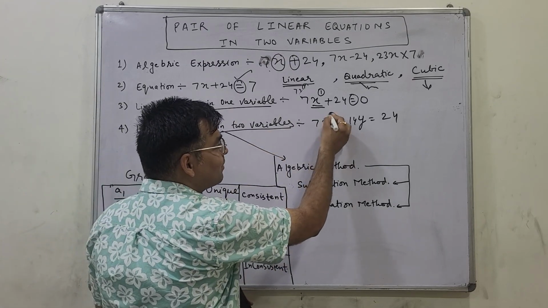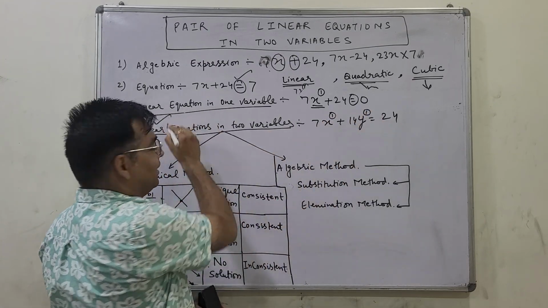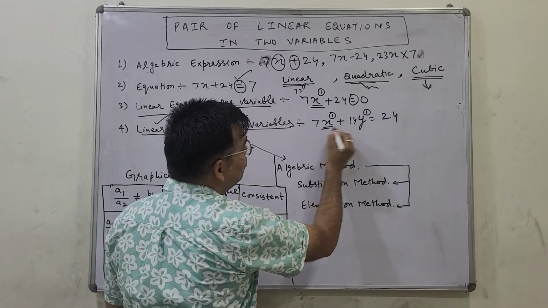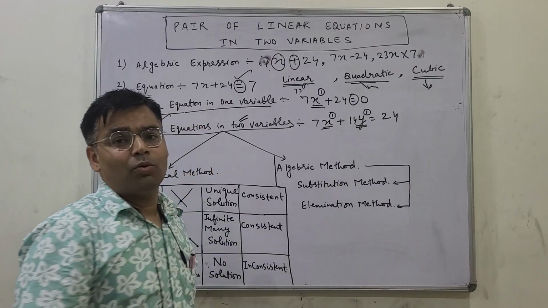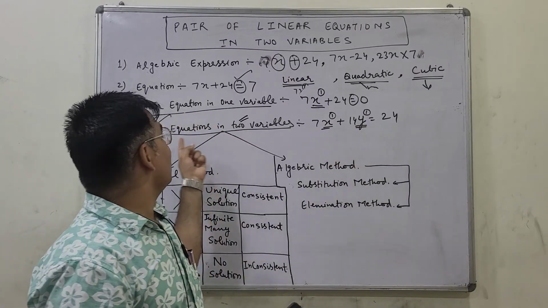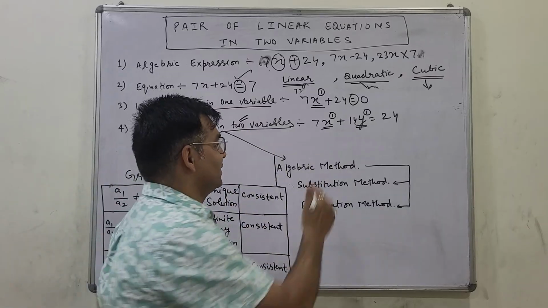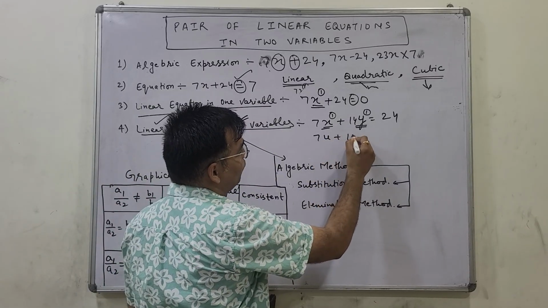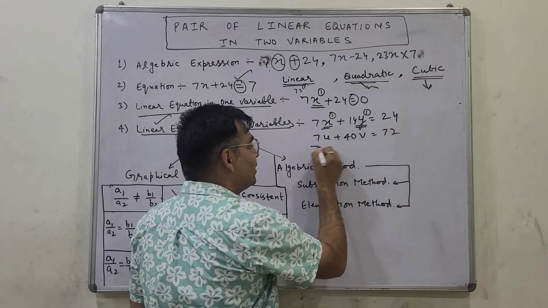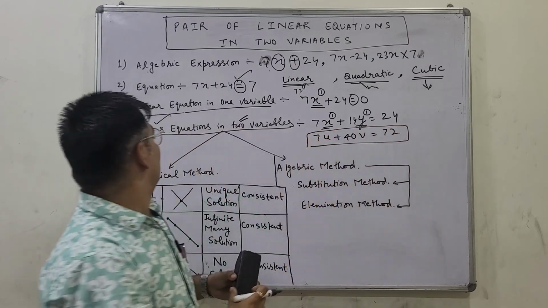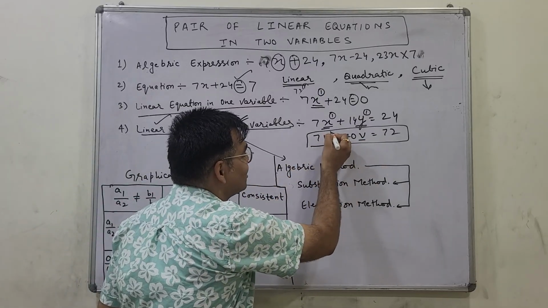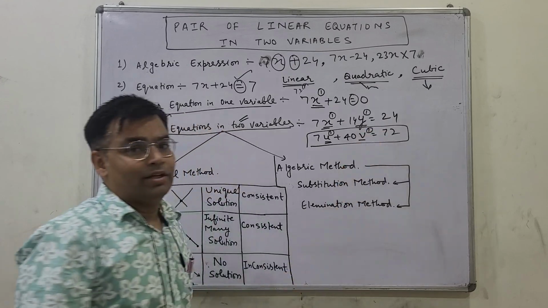Linear means highest power is 1, the linear is clear to you, and two variables means there are two variables, one is x and one is y. You can choose any alphabet that comes under the category of two variables, that is 7u plus 40v is equal to 72. This is also a linear equation in two variables. The variables are 2 and highest power is 1.